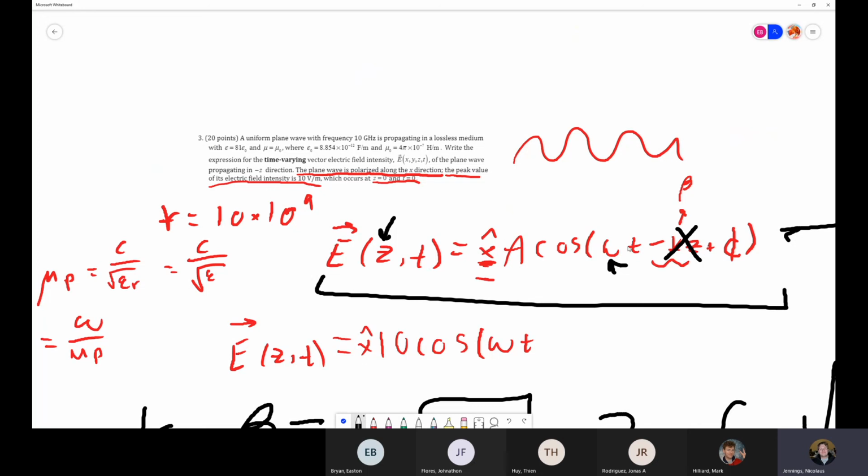Then we say t equals 0. We're told that the maximum, which is A, occurs when z equals 0 and t equals 0, which means the phase offset is nothing. So we can cancel out this term and we're just left with this right here. We don't really need this term. This is just 0 degrees or 0 radians.